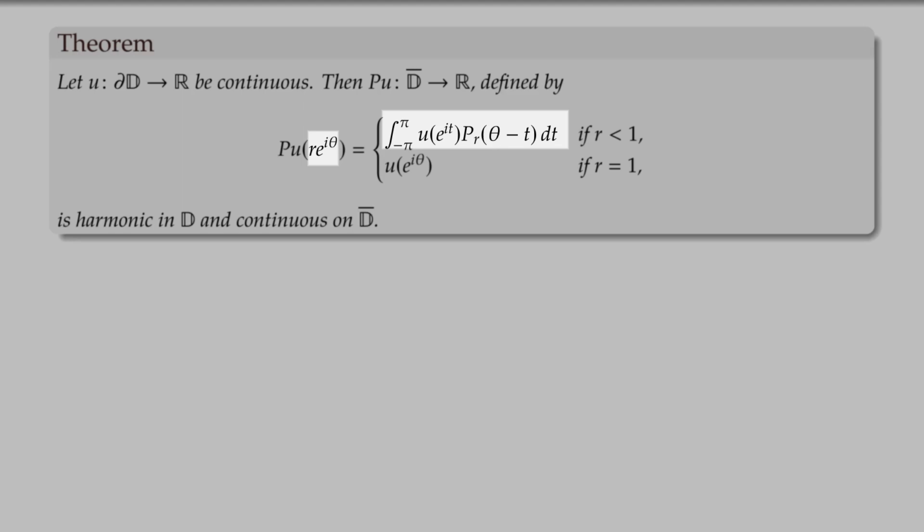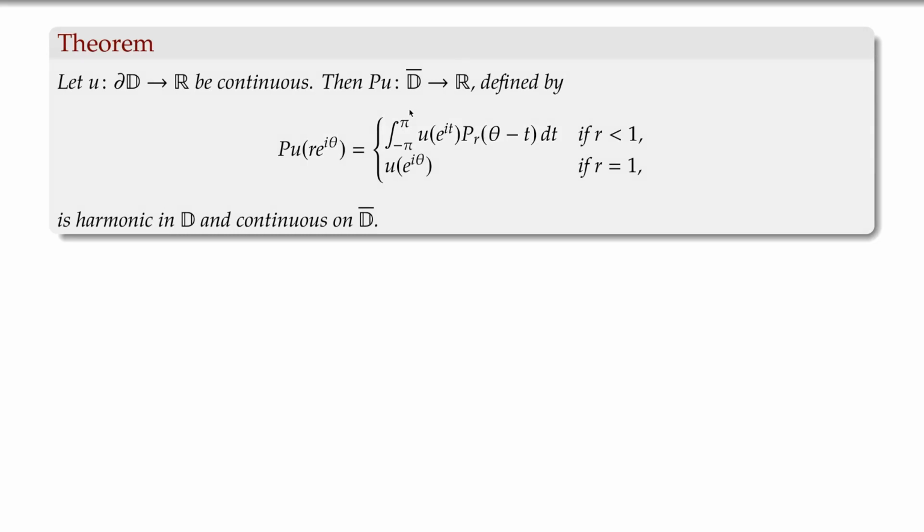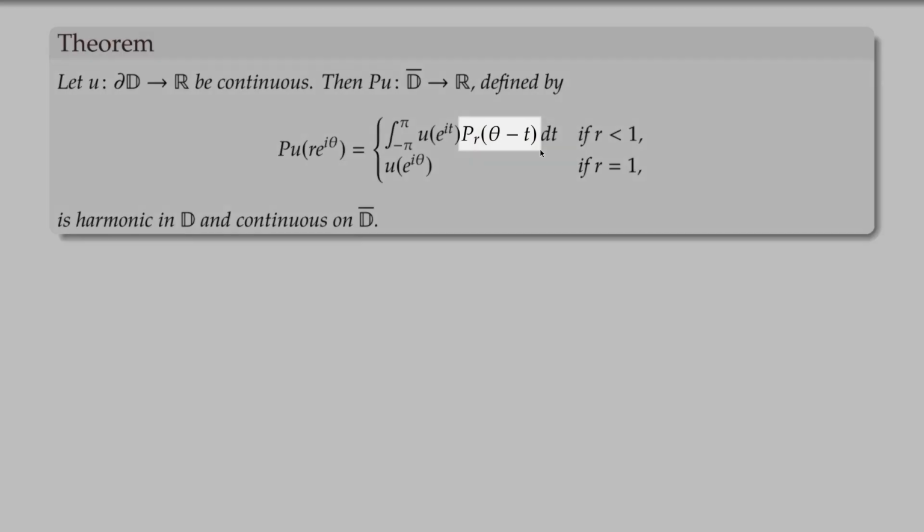It's something that comes up quite often in analysis. So we're integrating u against this kernel, and we're shifting this peak. Basically the idea is that as r becomes higher and higher, this peak is picking out only a smaller and smaller neighborhood of theta.